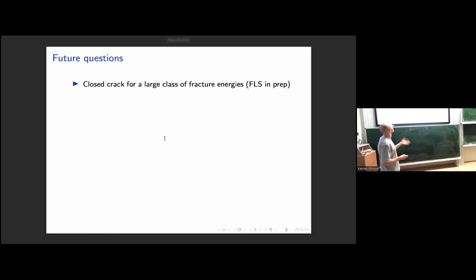Okay, and with that, there are quite a few nice questions still out there. Something that we're just now putting together, and hopefully will be done soon, is showing that the cracks are closed for a large class of Griffith type energies, including anisotropic energies and partially cohesive energies, but not degenerate cohesive.